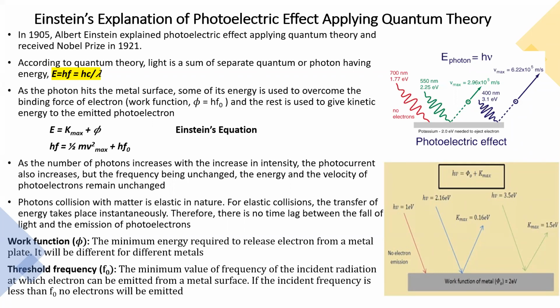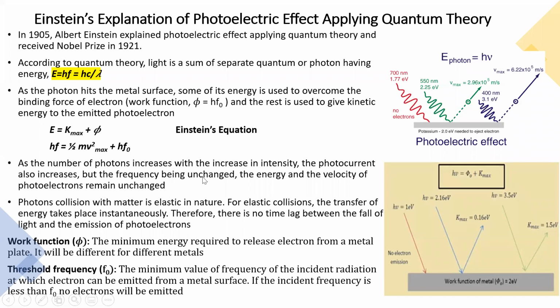Each photon can go and kick out an electron. So more intensity of light means more photons are coming, so more electrons are kicked out, so more electric current will pass. So as the number of photons increases with the increase in intensity, the photocurrent also increases.